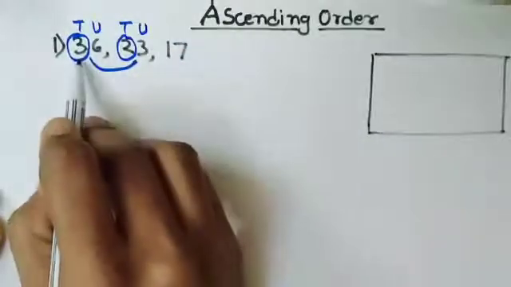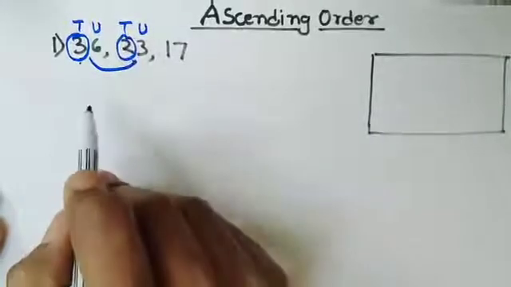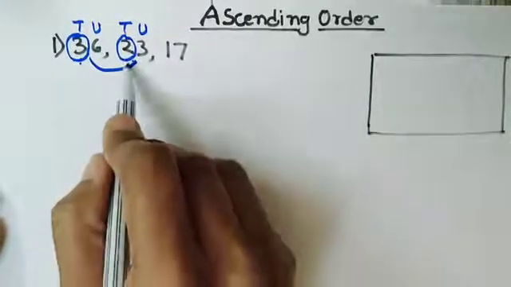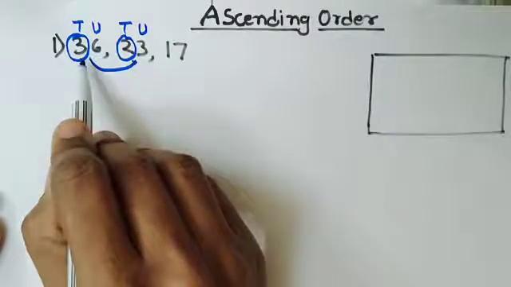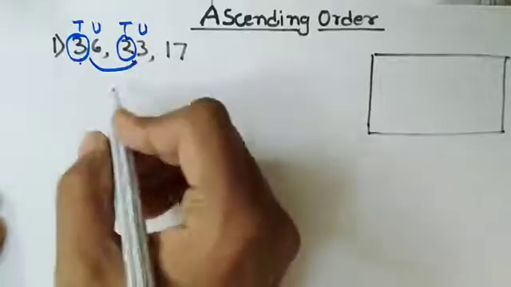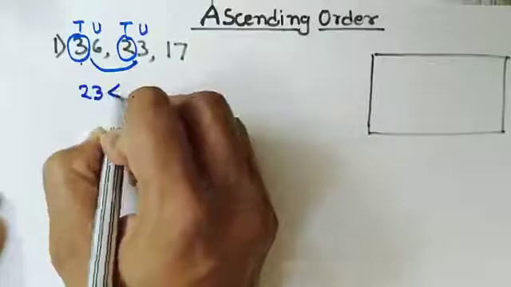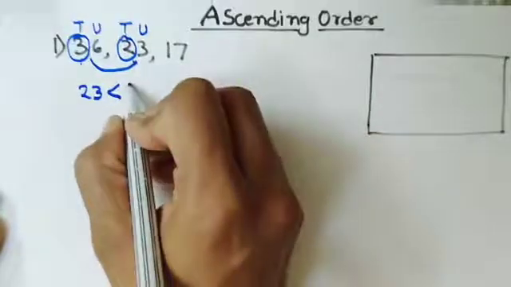In 36 we have 3 at the tens place and in 23 we have 2 at the tens place. So 2 is smaller than 3, means 23 is smaller. So we will write here 23 is smaller than 36.